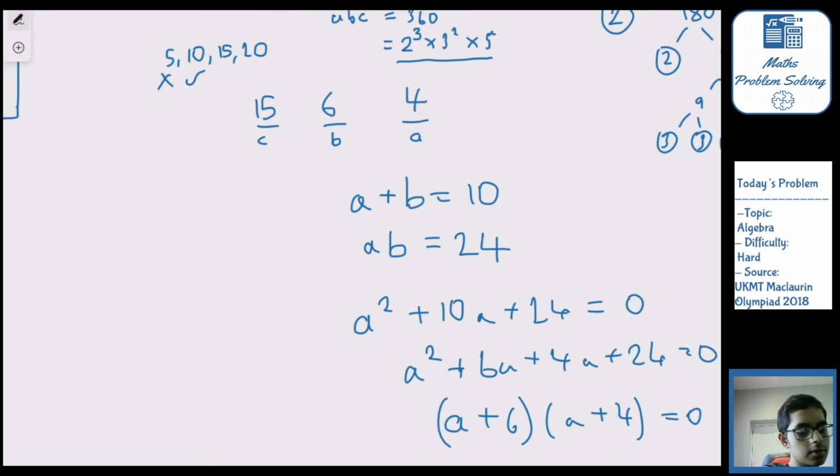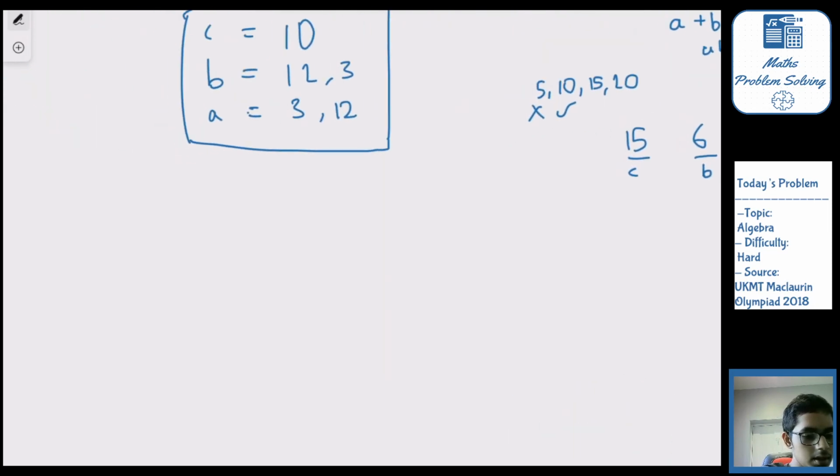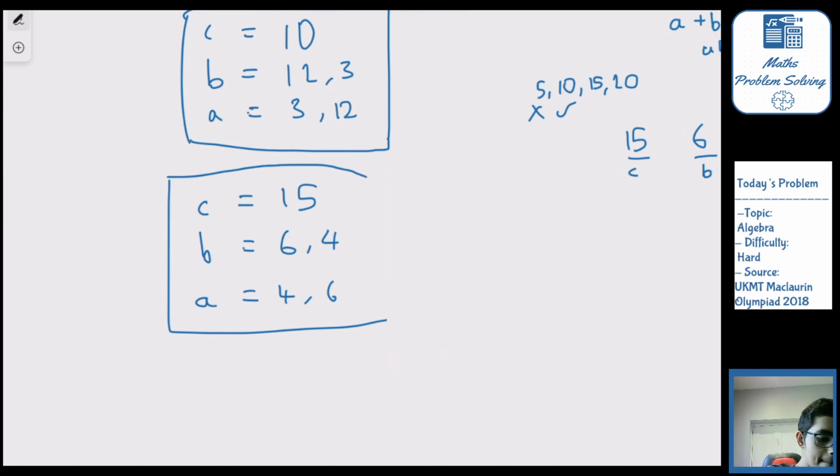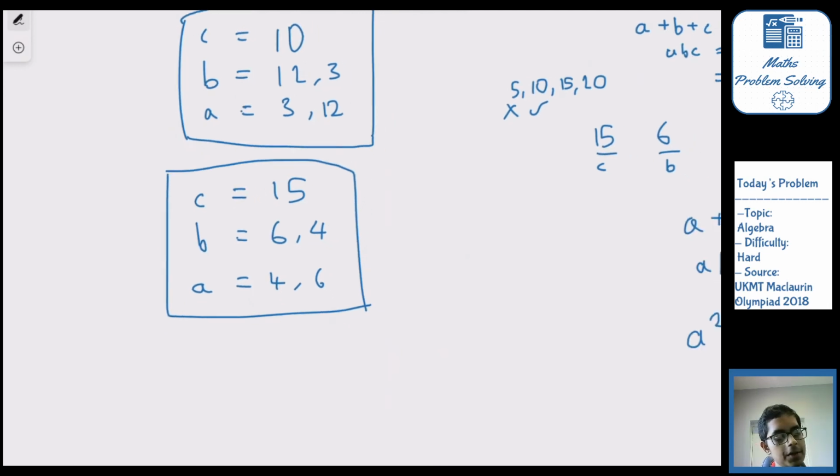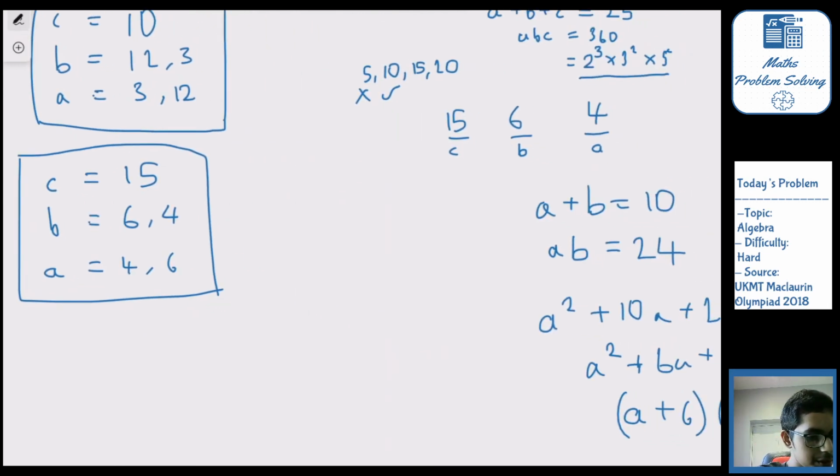So 6 and 4. So let's just write that over here. So when c equals 15, b equals 6, and a equals 4, and we can write this as this. Okay, so now we have two of these.